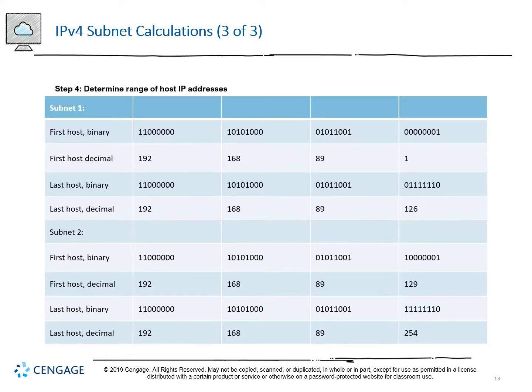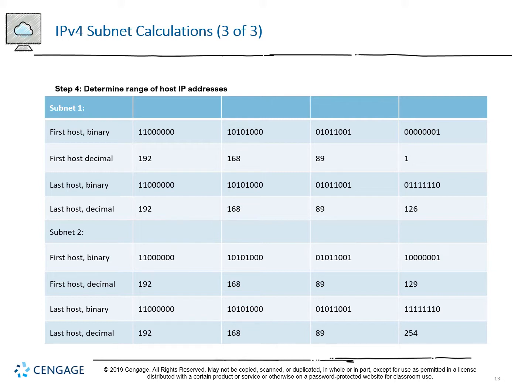So with our current address settings, we now have 192.168.89.0 as our first network. Its first host has to be the .1, the first address following the network ID. And the last host is going to be 126. It cannot be 127 because that must be reserved for the broadcast address.